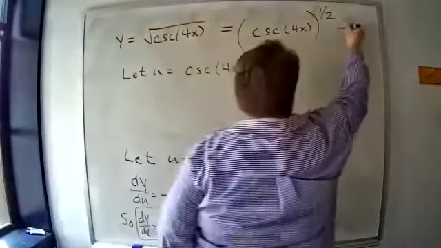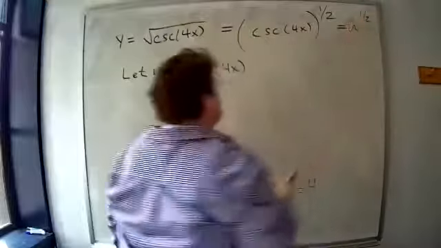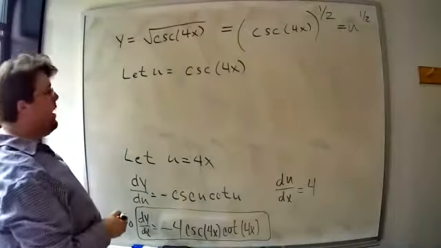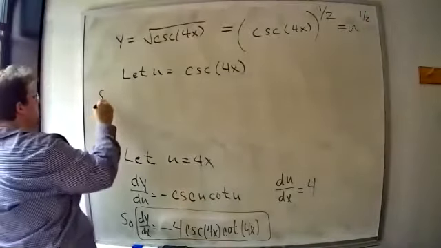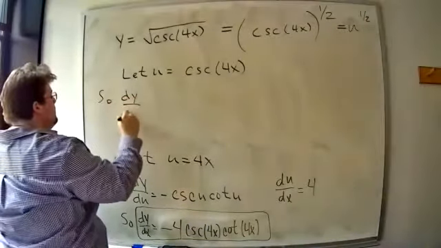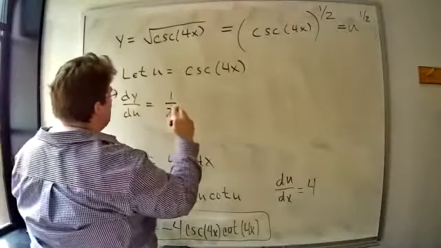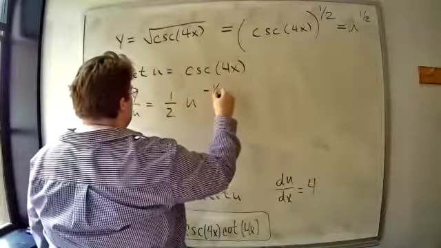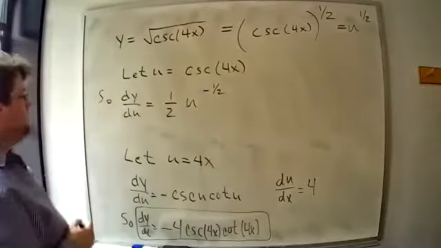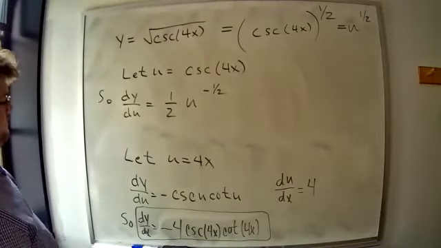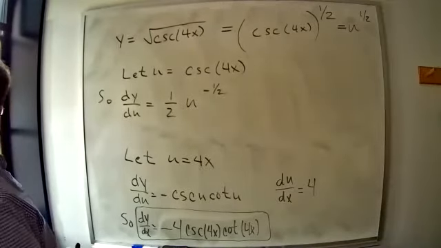So y is just u to the 1/2, and we can take dy du using power rule. So dy du, derivative of u to the 1/2, I'll just leave it as half u to the negative half. If you want, you could write it 1/2 root u, but I'm going to leave it as half u to the negative half.